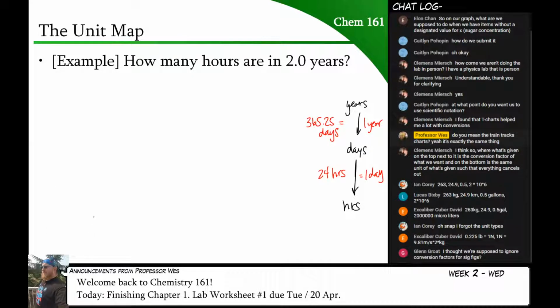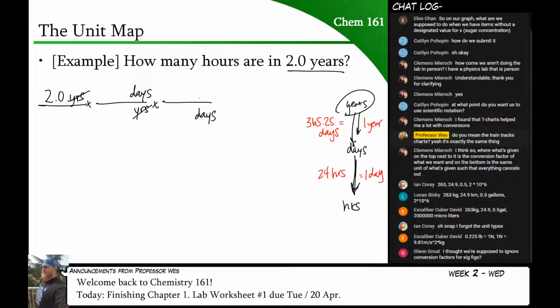So now I have a chart, and I'm going to start with years, and that's the number I was given anyway, so let's do that. So I'm going to start with 2 years. I'm going to do all the units first, so I'm going to turn years into days. And then I'm going to turn days into hours. And that's the unit I want because that's the answer to the question.